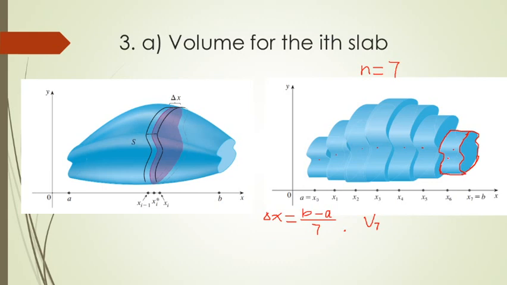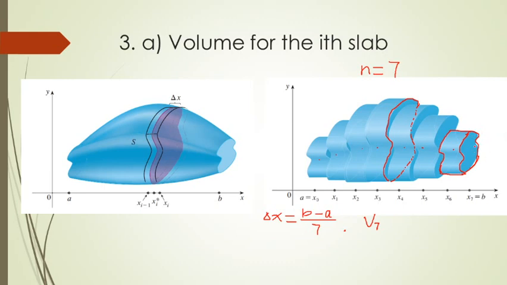This one gives the largest cross-section area, and we can shade it in this way. Of course, the 4th slab has the largest cross-section area, and we can call this A(x4 star).